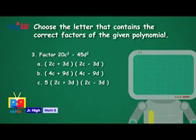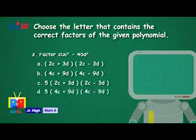Letter C, 5 times the quantity of 2c plus 3d times 2c minus 3d. Or D, 5 times the quantity of 4c plus 9d times the quantity 4c minus 9d. Correct answer is letter C, 5 times the product of the binomials 2c plus 3d and 2c minus 3d.